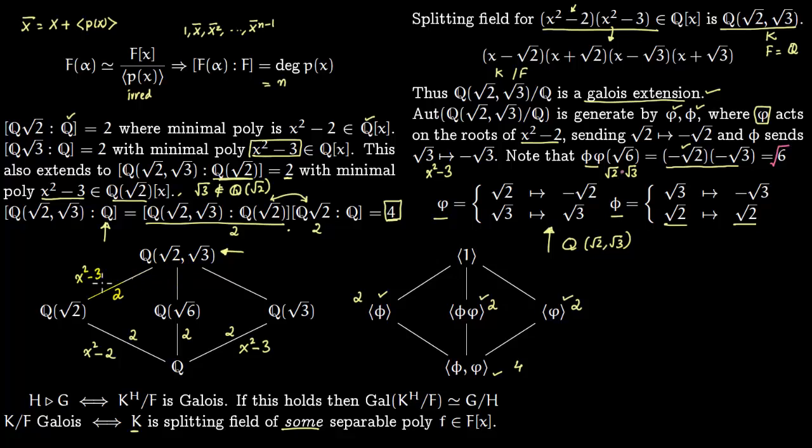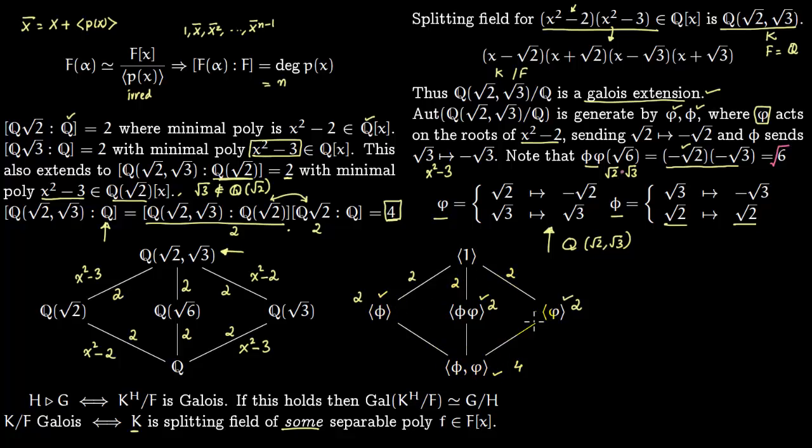So you can take either x square minus 3 or x square minus 2, and you will have 2 here. Again you will have 2 here, corresponding to the polynomial x square minus 2. So all these are of degree 2: 2 here, 2 here, 2 here.